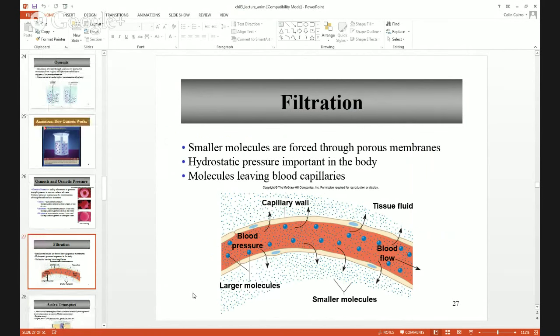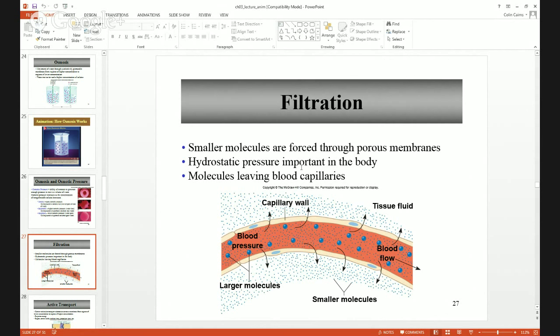And then we have filtration. That's the idea of smaller molecules forced through porous membranes. Larger molecules are left behind. Sort of like filtering sand. If you put sand in a filter in chunks of dirt, the sand will go through, the chunks of dirt will be left behind. The kidneys operate in the same process.